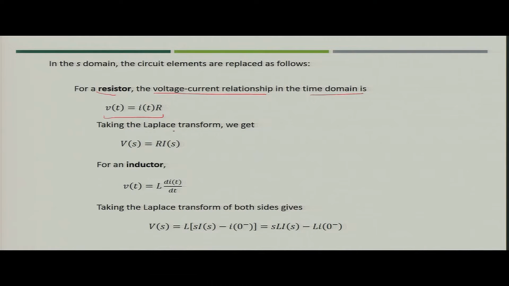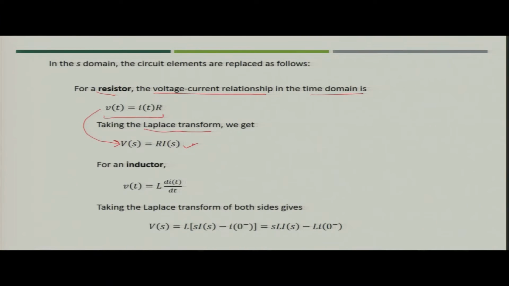If we take the Laplace transform, the time domain equation gets converted into S domain. v(t) becomes V(s), R is a constant so there is no change in R, and i(t) is converted into I(s). So, v(t) = i(t) R is converted into S domain as V(s) = I(s) R. This is what we get when we convert a resistor into the frequency or S domain.